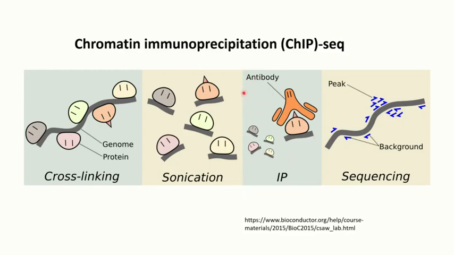So after the binding, you can separate those particular regions of the chromatin which are associated with the transcription factor you are interested in. Once you separate this from the rest, you can start to do the sequencing.